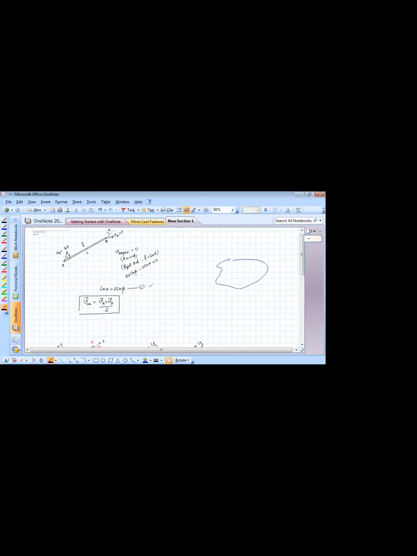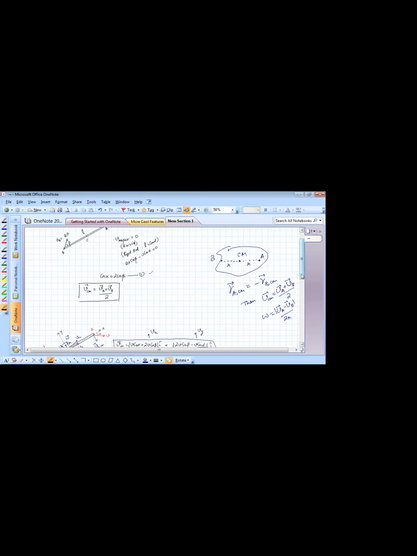Whenever we have a rigid body and you are considering any 2 points which are diametrically opposite to the center of mass and equidistant, such that this distance is equal to this distance, that is, r of A with respect to center of mass is equal to minus of r of B with respect to center of mass, then it automatically implies that the velocity of the center of mass becomes (VA plus VB) by 2, and also omega about the center of mass will become (VA minus VB) divided by 2x. These two equations will hold true.